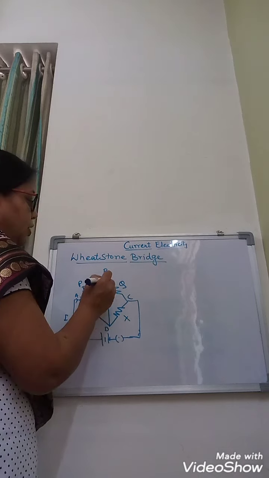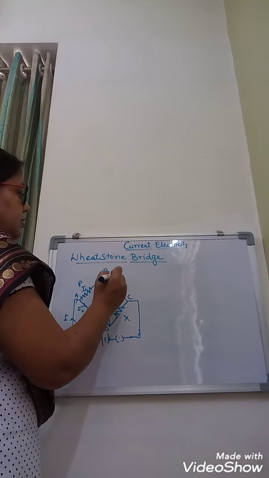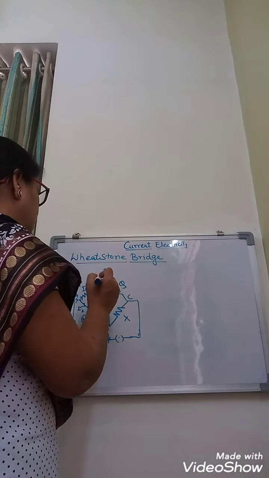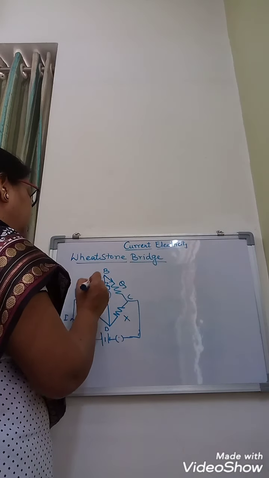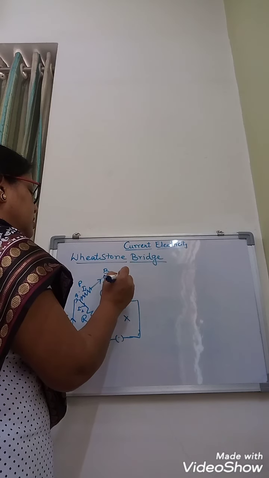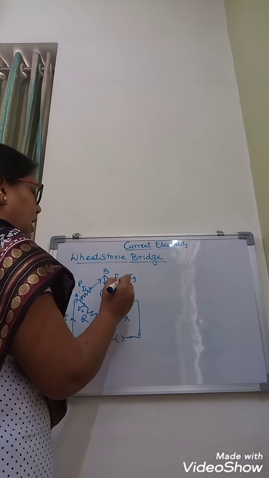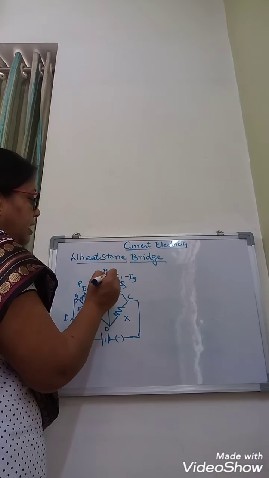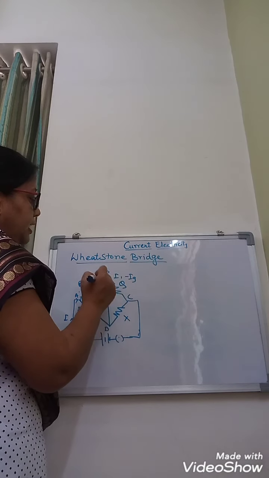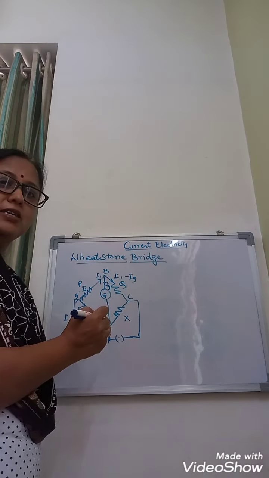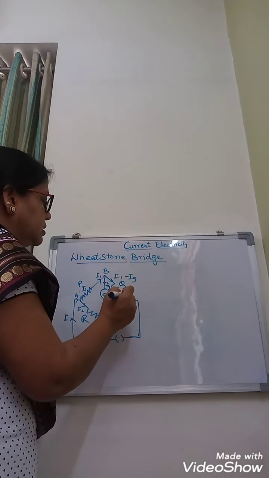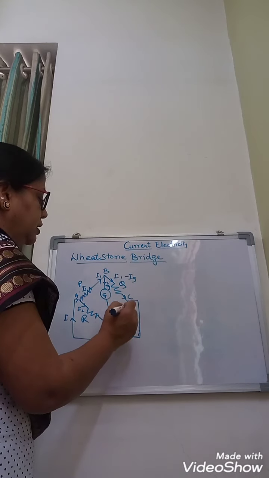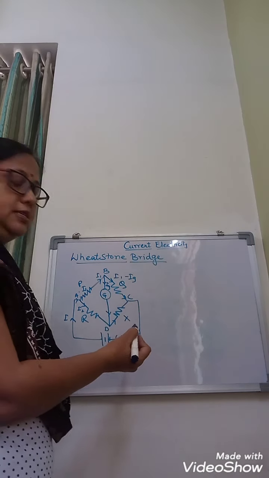When Ig current is going here, then what will be the current in the Q resistance? That is I1 minus Ig. Because Ig is going here and I1 is coming here, the remaining current will be I1 minus Ig. So then this current is coming up to this point. What is the current in the resistance X?